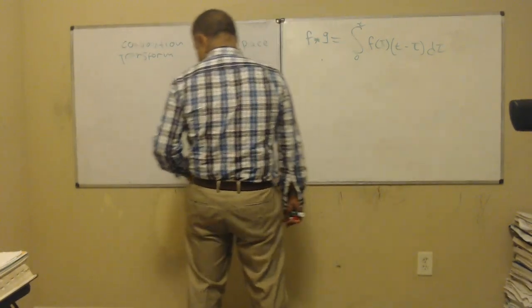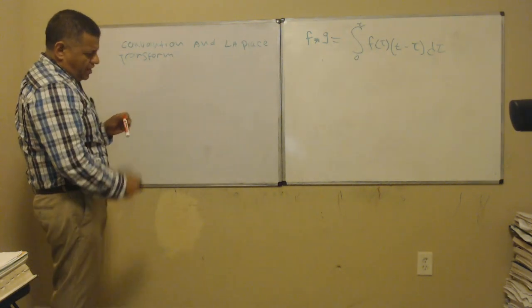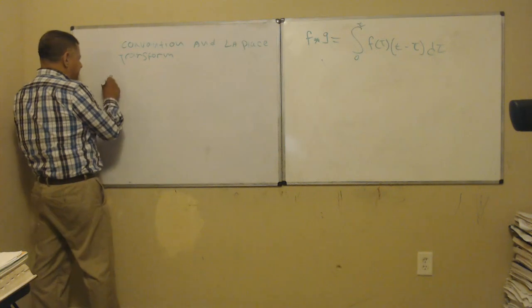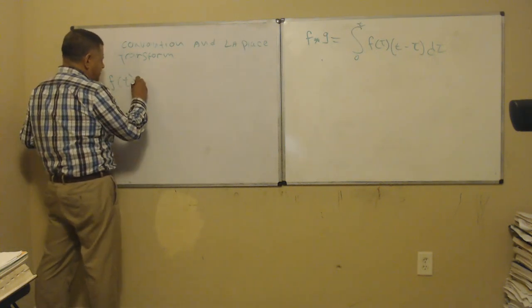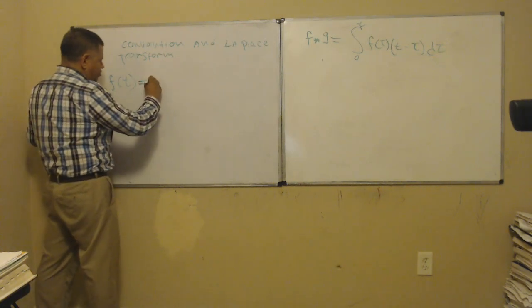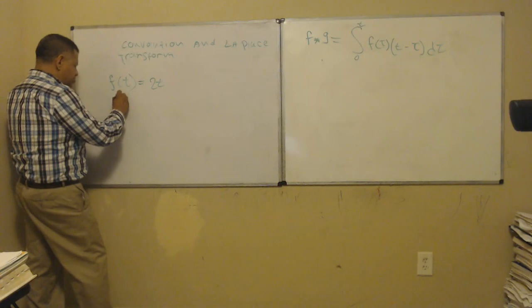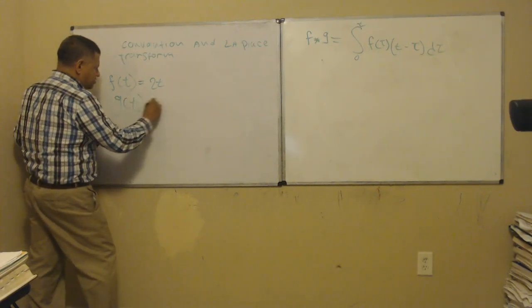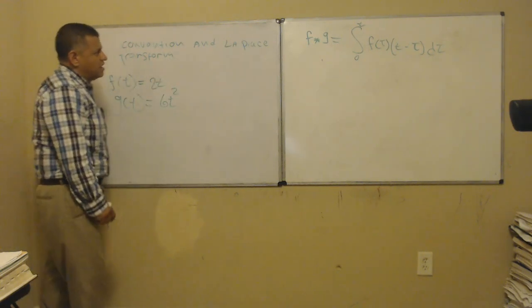Now, I will do one example. Let's say, for example, that f of t is equal to 2t, right? And g of t is equal to 6t squared, right?